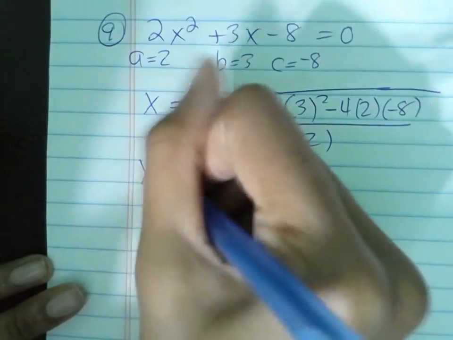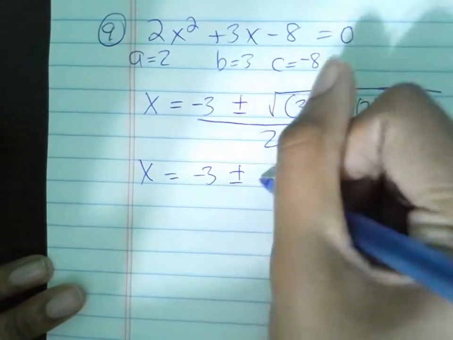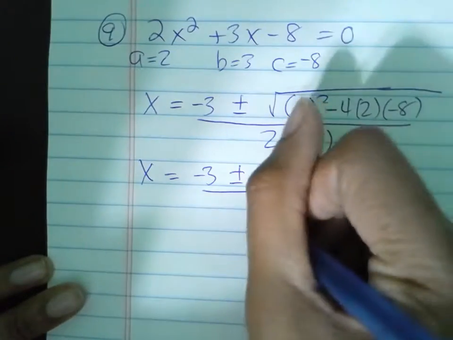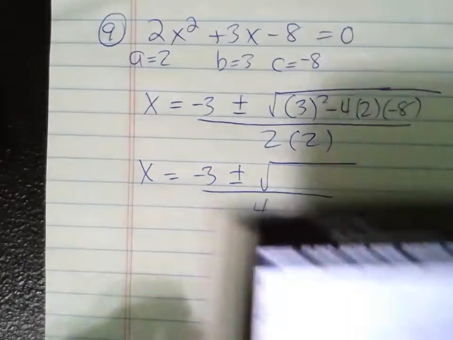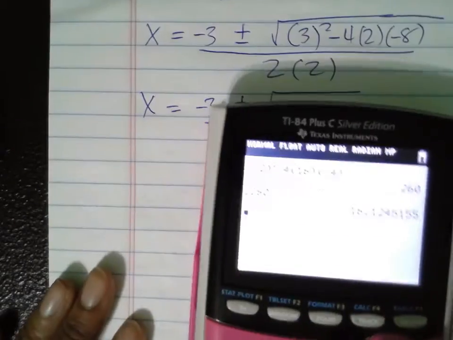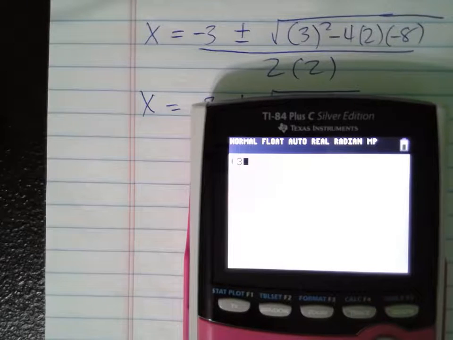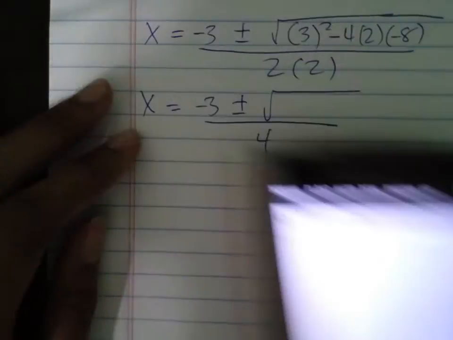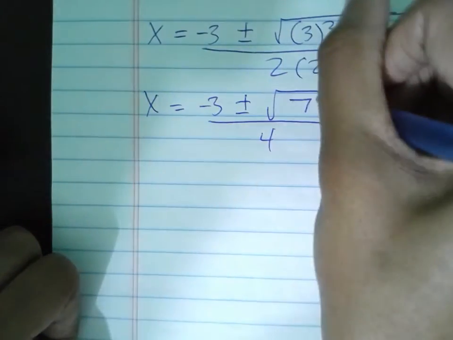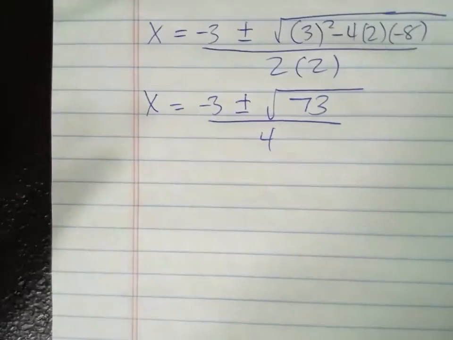All right, x equals negative 3 plus and minus whatever's in the radical, and then 2 times 2 is 4. Let's go put that in the calculator. All right, so we have 3 squared minus 4AC. So we get 73. We certainly cannot take the square root of 73, so it's done.